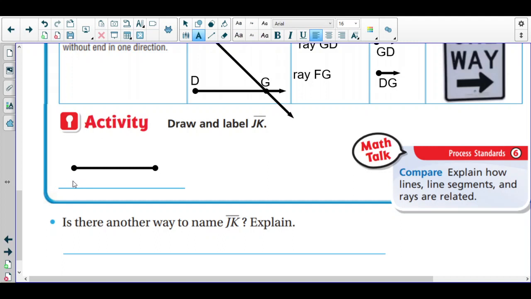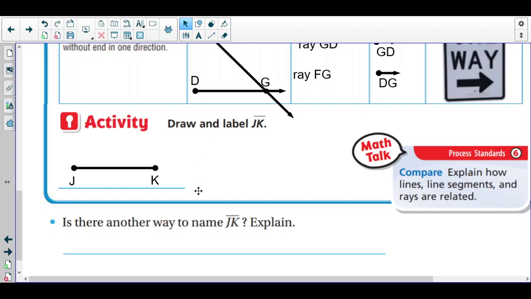And we would write J and then K. So that takes care of drawing that shape. And then we need to label it, which we have. All right, that looks good.